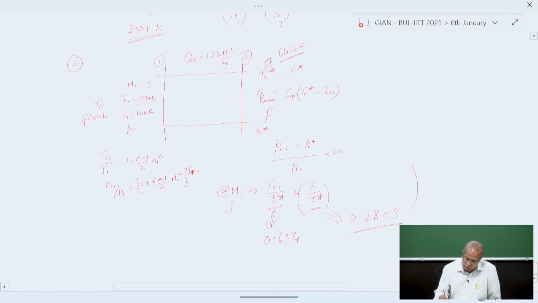From this value, you can find out TT star. T1 already given us 1500, divided by 0.2803. How much? 5,000 something? 5351.